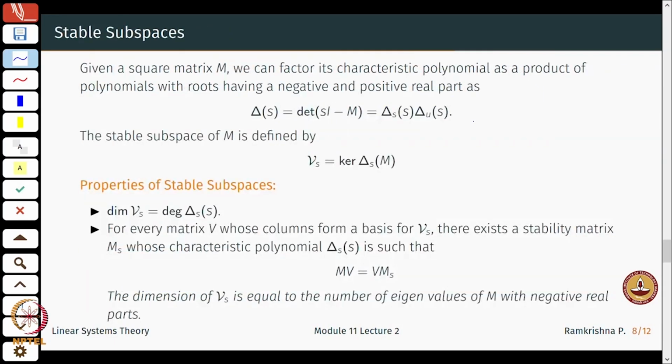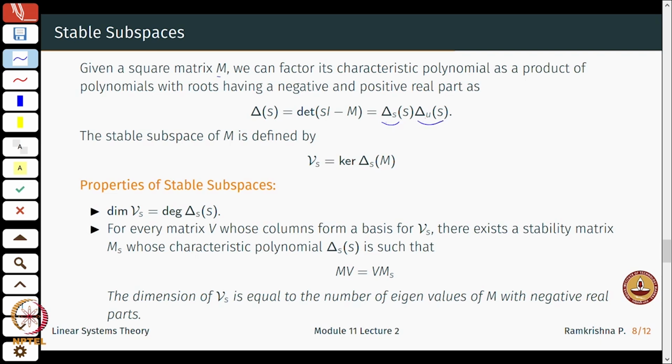Okay. So, let us define something quickly. Given a square matrix M, we can always factor its characteristic polynomial as a product of polynomials with roots having a negative real part and a positive real part.